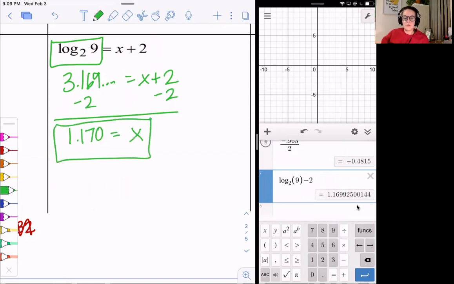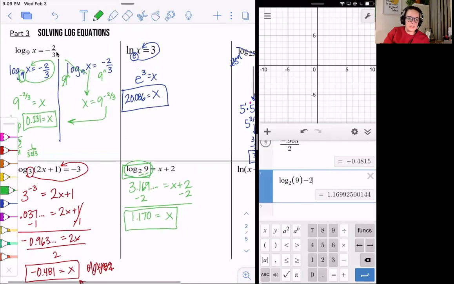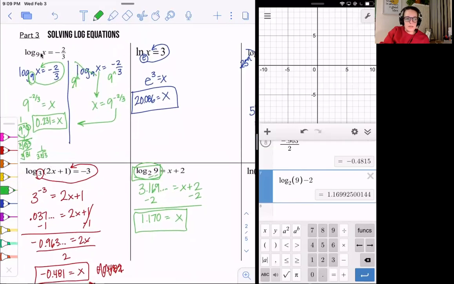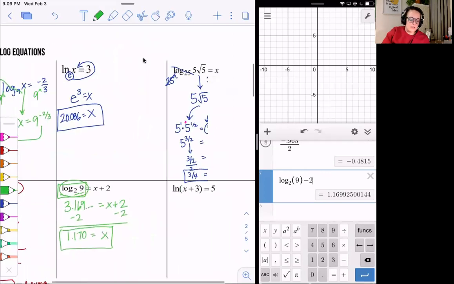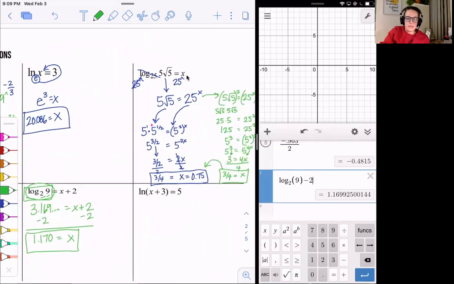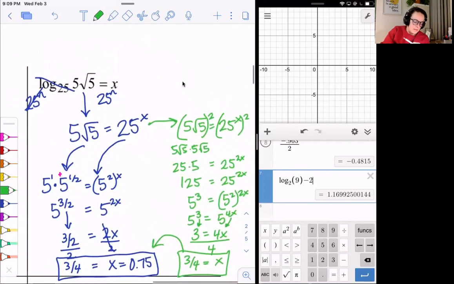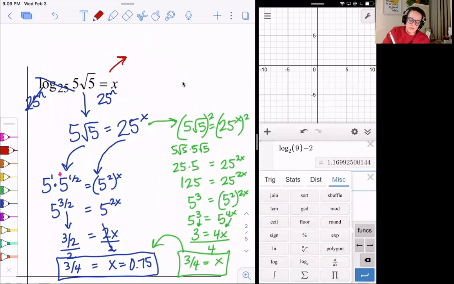Right. So anytime that you have a log with two numbers here, you can go ahead and simplify it. It's different than these other ones because x was in this log, x was in this log. And over here, I didn't have x in this log. So let's try a third way, right? This third way would have been to go straight to my log.